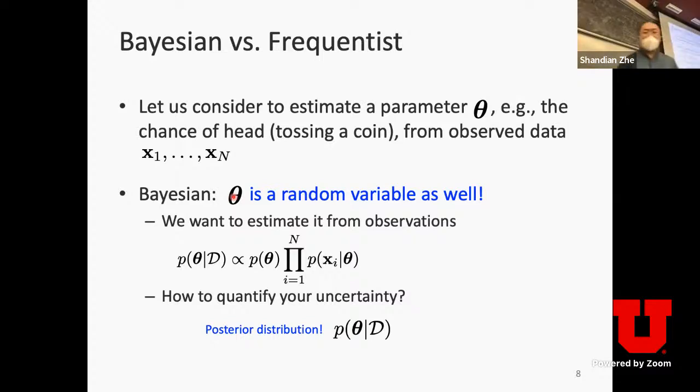Then given this value of theta, we generate each observation. That's why when we write down the joint probability, we need to consider the prior of the parameter theta and also the likelihood of each observation given the parameter. Then our goal is to infer the posterior distribution of the parameter. It's not a point anymore.